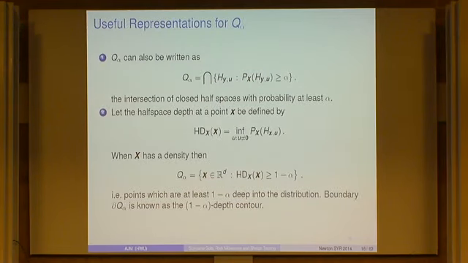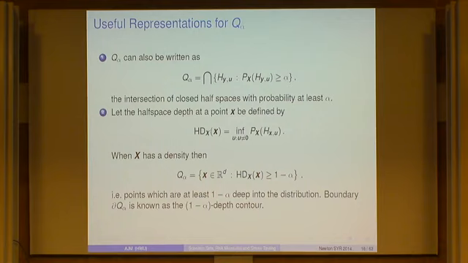There are lots of nice representations for this Q alpha set. This is a nice one. Equivalently, you can think of it as the intersection of all half spaces whose probability is at least alpha. Or you can think of it in terms of a quantity known as half-space depth, and this is why I use the term depth.